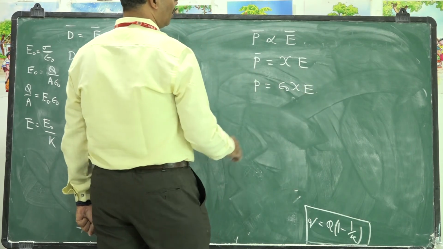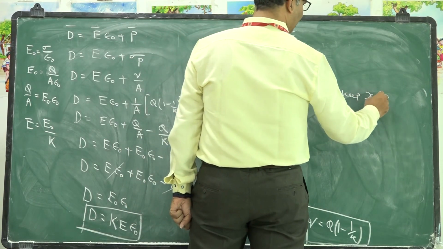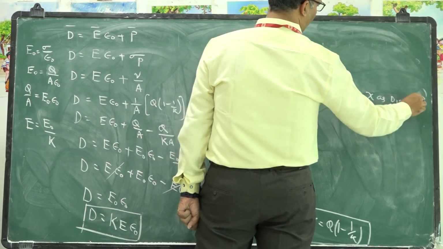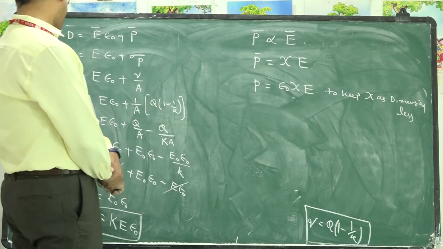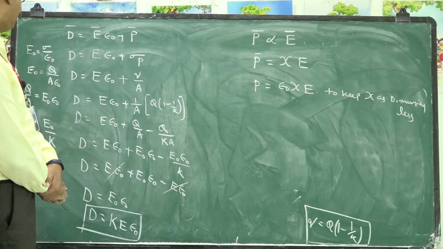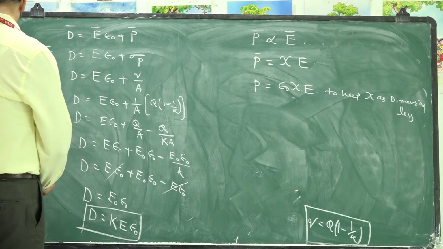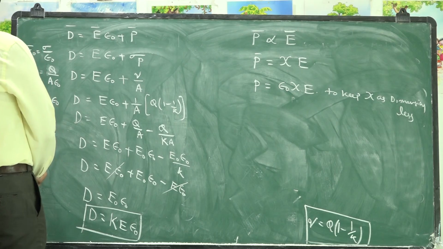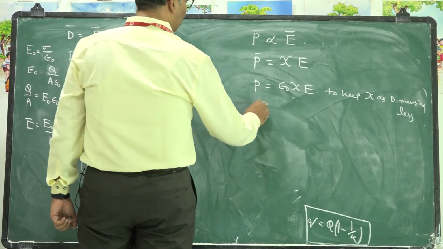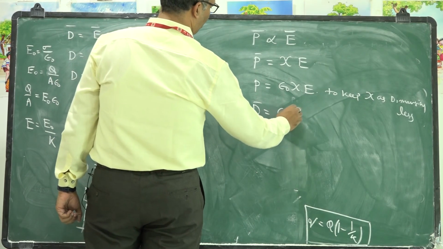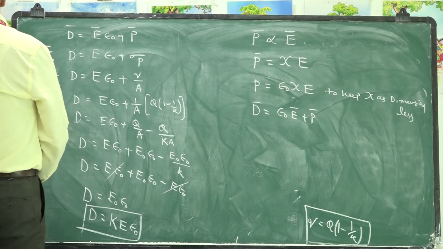Now, going back to the displacement vector formula, D bar is equal to epsilon naught E bar plus P bar.